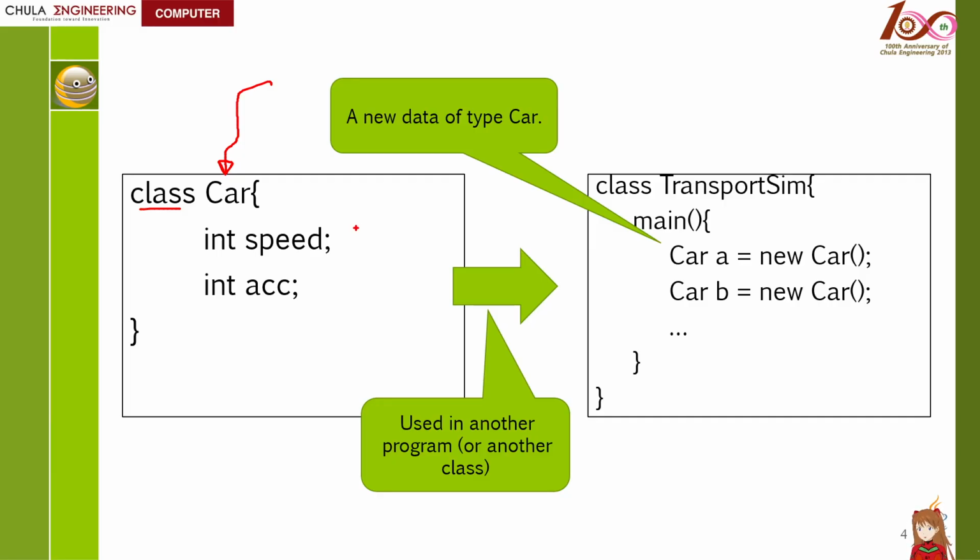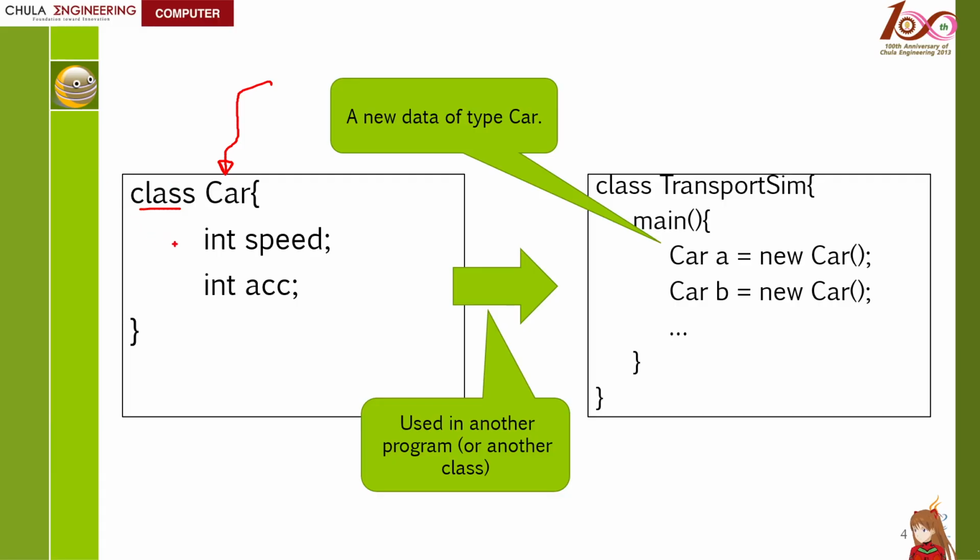In Java, your file is written as a class. Normally it will be like that. And if you want to define your own data type, you define a class for it. Okay? So, in this example, I define class Car.